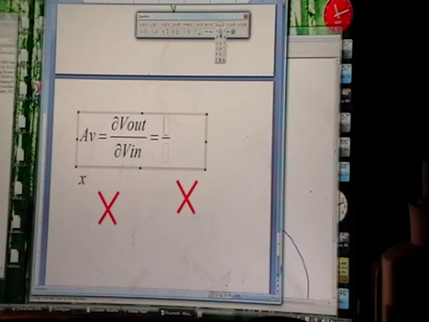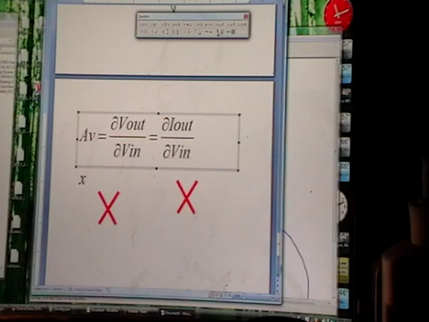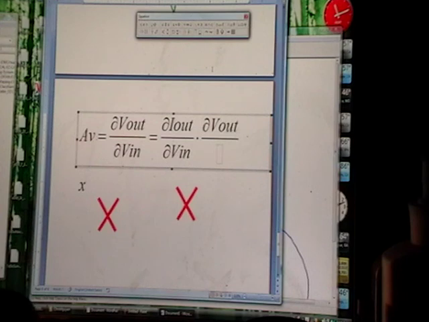Let's break that into delta I out over V in, and then multiply that by V out over I out.